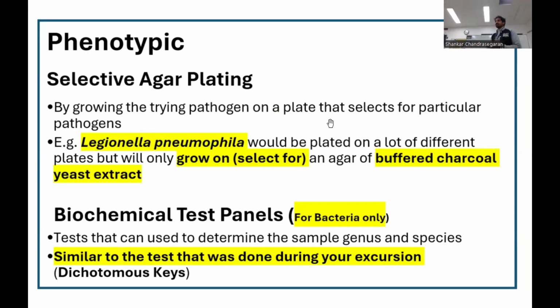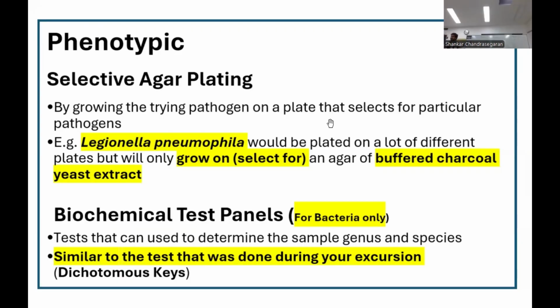We plate it on a bunch of different plates. None of them allow for this pathogen to grow. And then suddenly when we use the buffered charcoal yeast extract, this pathogen suddenly is able to grow. That shows us that it's definitely got to be this pathogen because this pathogen selects for that plate. Basically using the plate to identify the pathogen through selective agar plating, right?